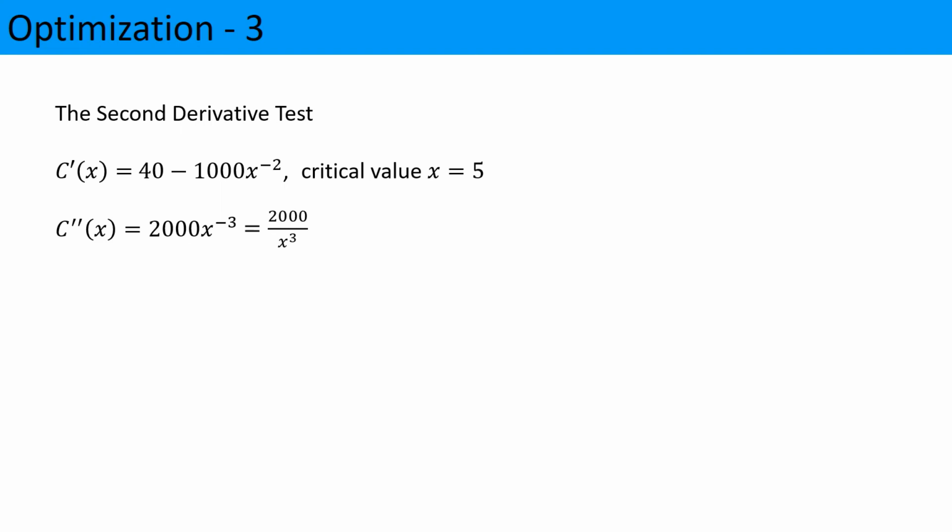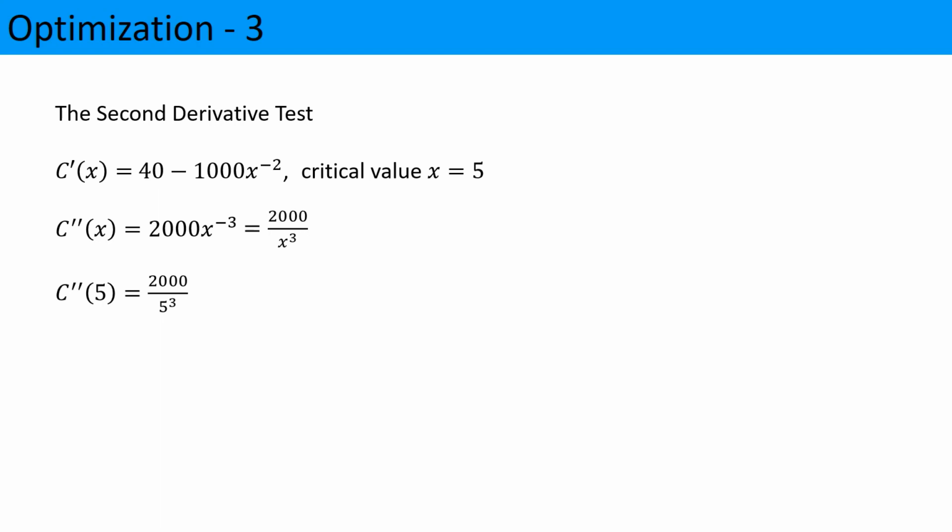Now we need to evaluate that second derivative at the critical value of 5. That is, we need C double prime of 5 and compute that with 2,000 over, where the x was, we put in 5 cubed. We're not concerned with the actual number. We're only concerned with whether or not it's positive or negative.